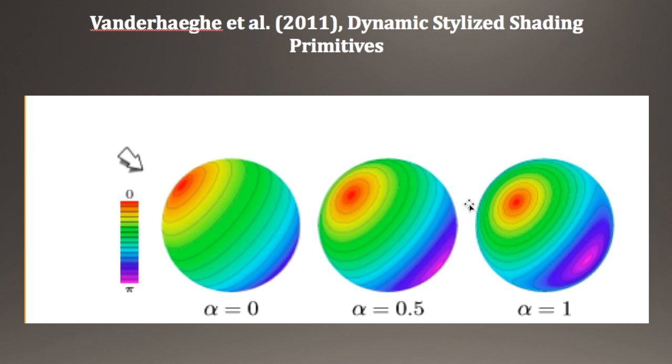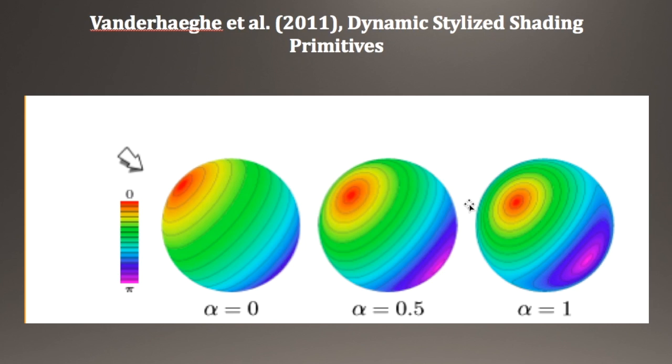When it comes to state of the art, for our project, we have been inspired by David Vargenhill's research from 2011. Their purpose was to provide a single approach to create various dynamic stylized shading effects, and the key to their approach is to seamlessly vary appearances by using a combination of shading primitives by taking into account lighting direction, material characteristics, and surface features.